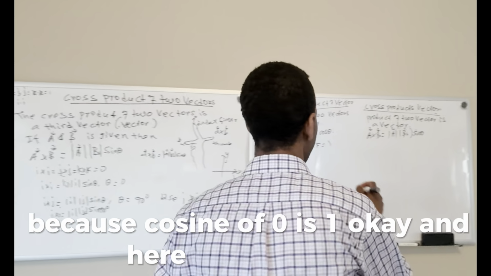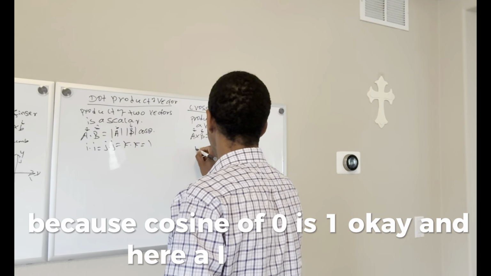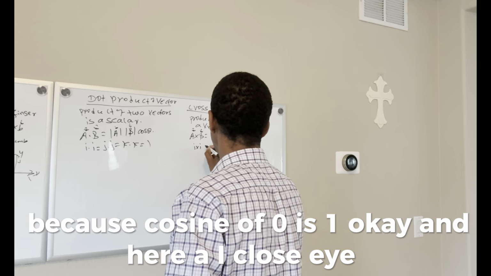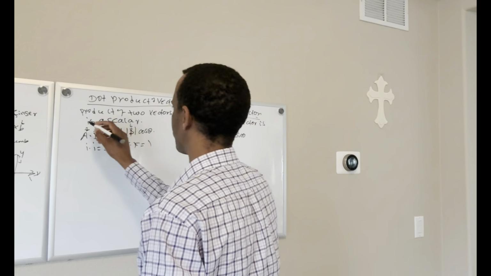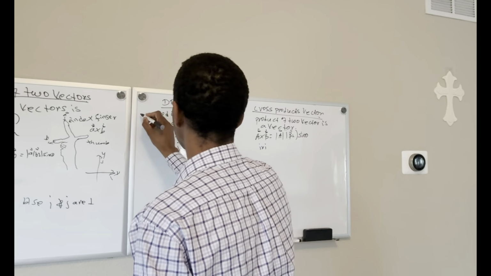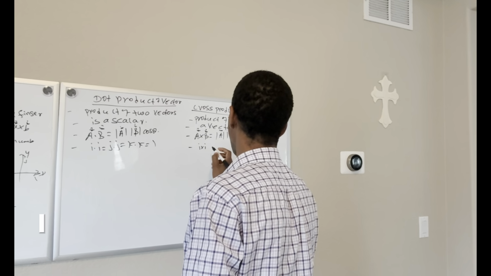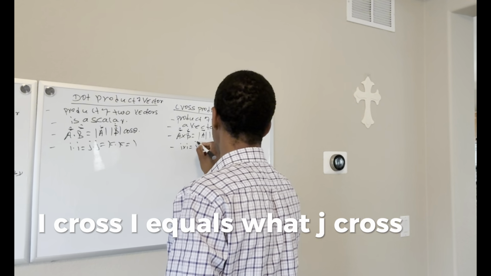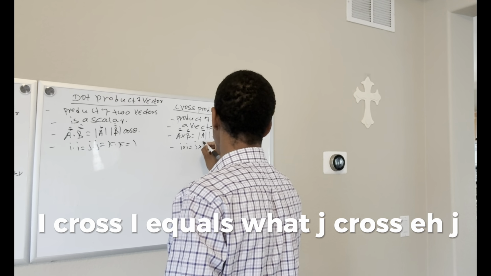And here, I cross I equals J cross J equals K cross K equals 0.